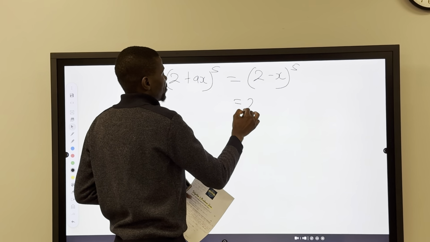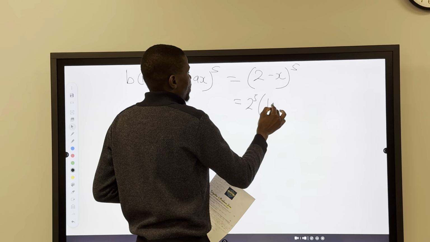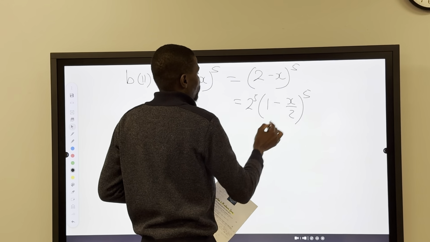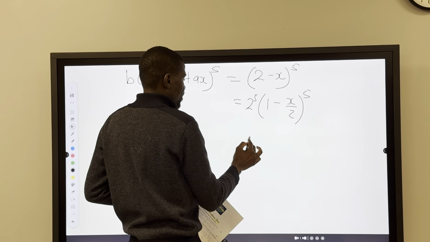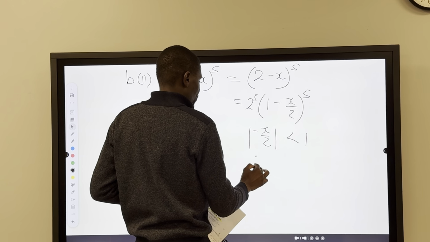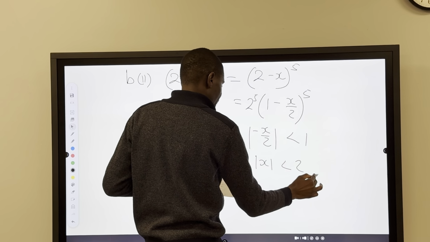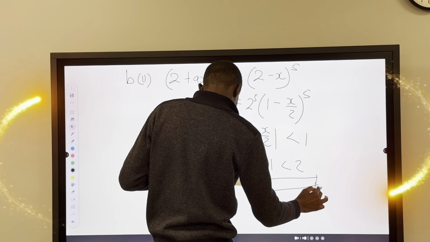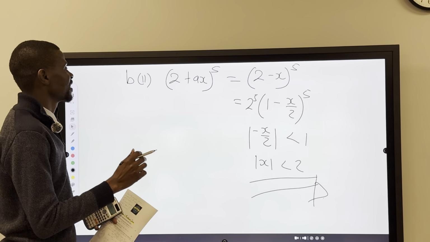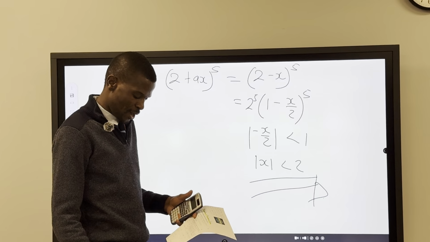So we can take out 2 and we have 2 to the 5th times (1 minus x over 2) to the 5th. So for validity, the modulus of x over 2 should be less than 1. So modulus of x is less than 2. Right. So guys, that's it for this question.